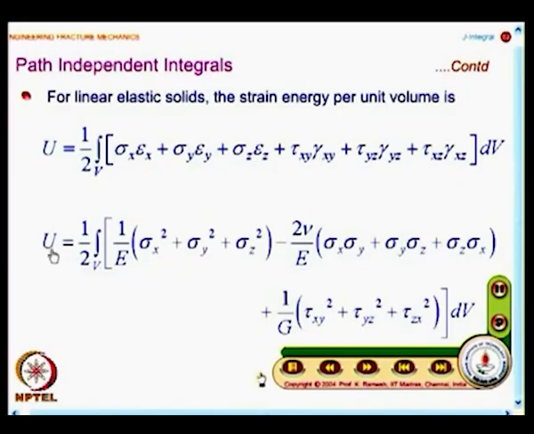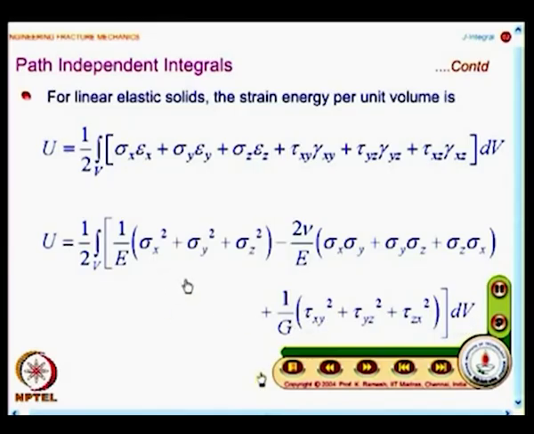Strain energy in terms of stress components is as follows: U equals 1 by 2 integral over the volume of 1 by E into sigma_x squared plus sigma_y squared plus sigma_z squared, minus 2 nu divided by Young's modulus multiplied by sigma_x sigma_y plus sigma_y sigma_z plus sigma_z sigma_x, plus 1 by G multiplied by tau_xy squared plus tau_yz squared plus tau_zx squared, all multiplied by dV.